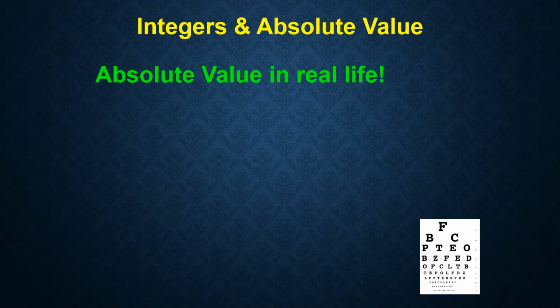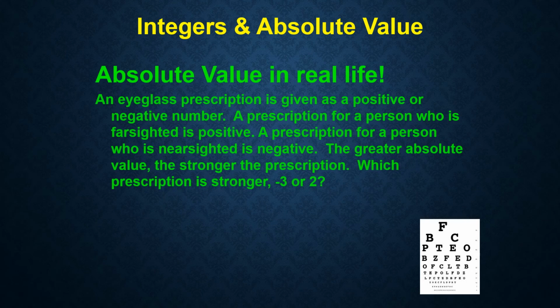Now let us see absolute value in real life. Very interesting. An eyeglass prescription is given as a positive or negative number. We also know that if you have spectacles, we say my number is minus 0.5, minus 2.25, or if an elderly person, he will say plus 1 or plus 1.25.